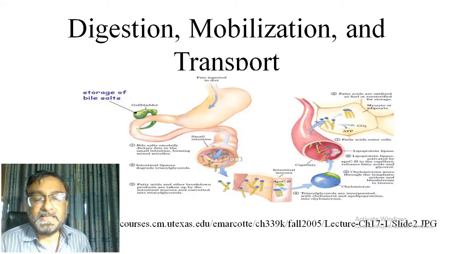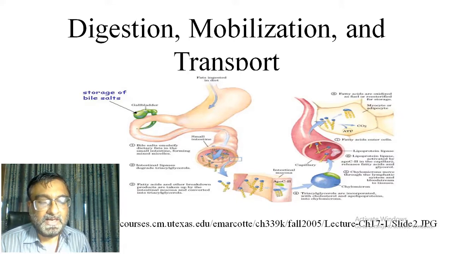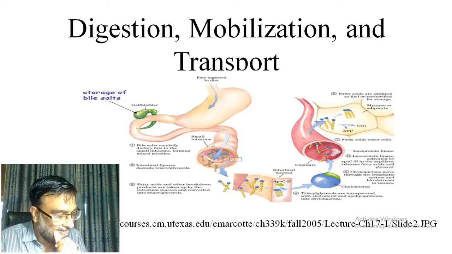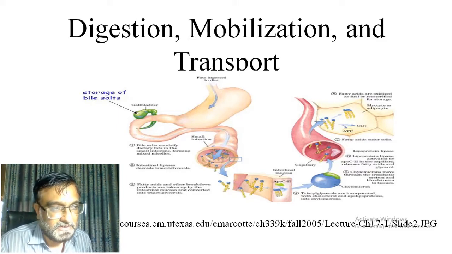Then fatty acids enter the cells, and in the cell, as I told you earlier, the mitochondrial region is where the metabolic process of fat takes place through the beta oxidation process. So that's the whole story of digestion, mobilization, and transportation up to the metabolic process.